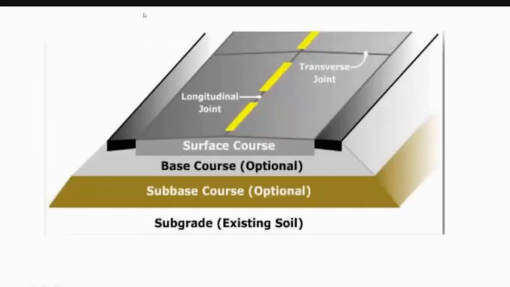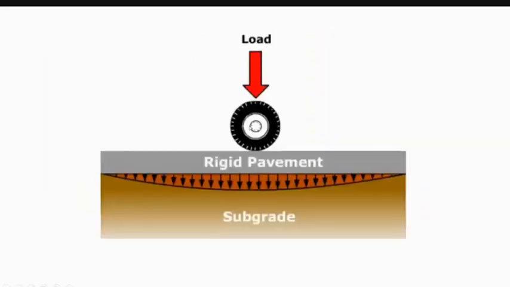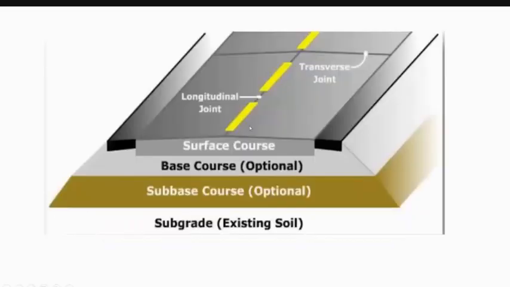So here you can see longitudinal joints, yellow strip, and transverse joints perpendicular to the longitudinal joint. Longitudinal joint is along the length of the road. The center will be providing the joints, that is longitudinal joints. Or in case of urban roads, you'll find not only one, a number of longitudinal joints.